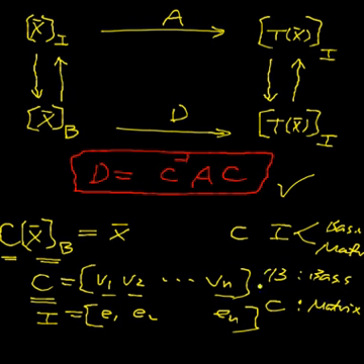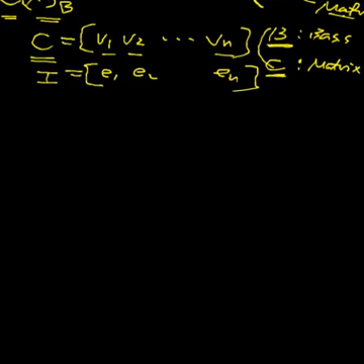So there's a little confusion here. B is just a set, and C is just a matrix. So again, C consists of the elements of the B set, which is the basis, right?